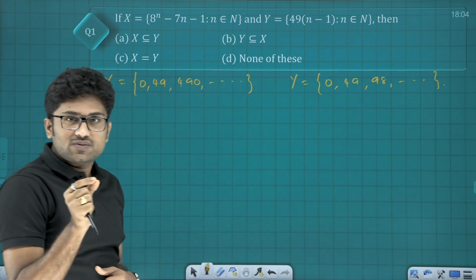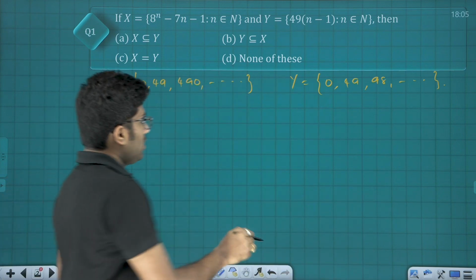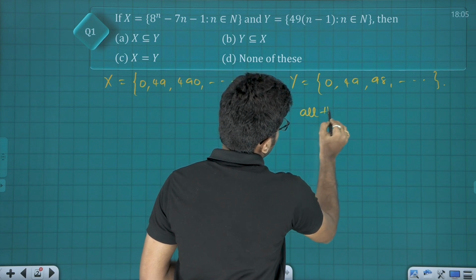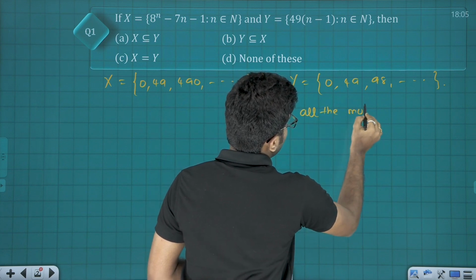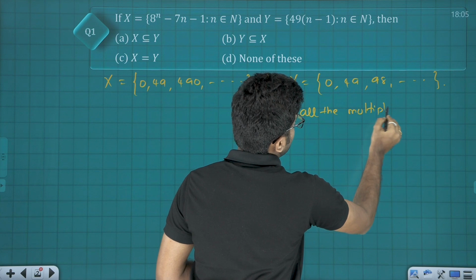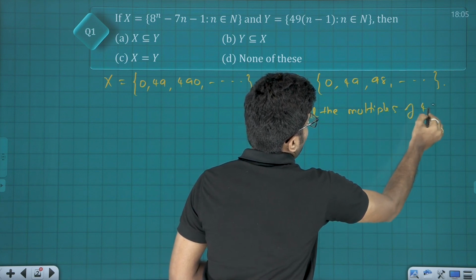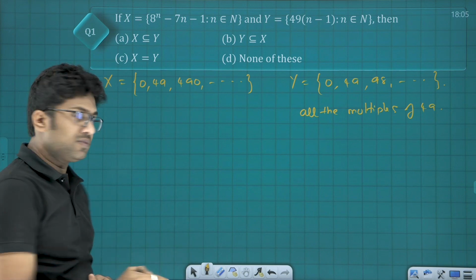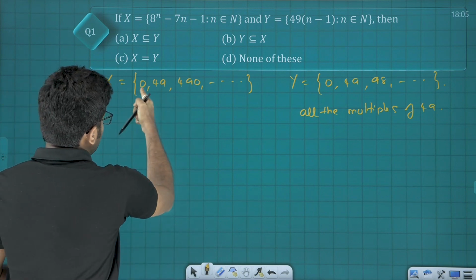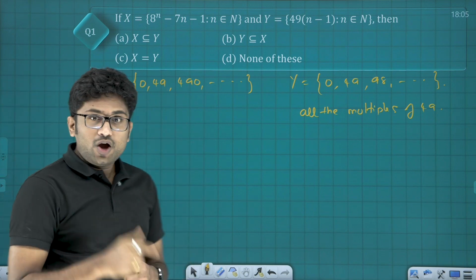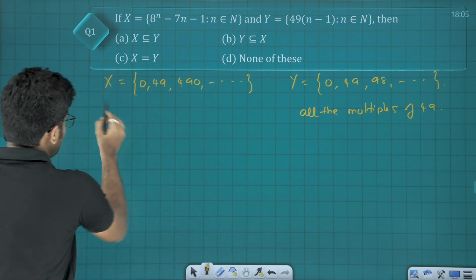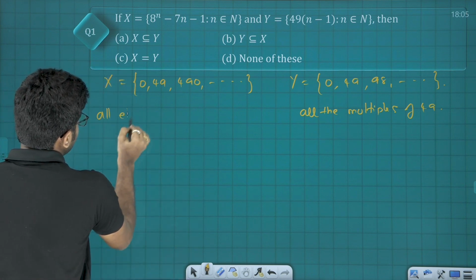Now clearly, friends, when you analyze set x and set y, y is the set of all the multiples of 49, whereas 0, 49, 490, all the elements of x are divisible by 49.